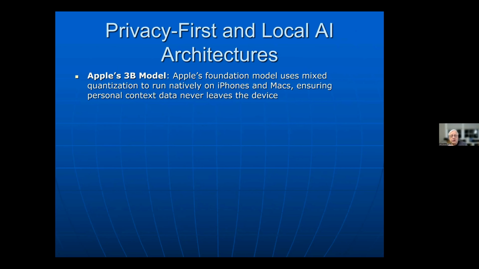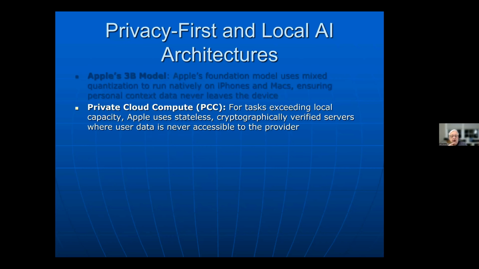Well, Apple has this 3B model I talk about that runs things natively on your iPhone and Macs, and they try to ensure that your data never leaves your device. You've got private cloud computing, where if a task happens to exceed the ability of your local device, they'll use stateless, cryptographically verified servers to take care of things in that regard.